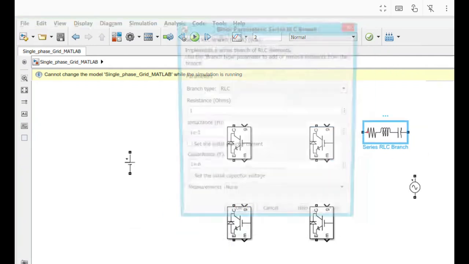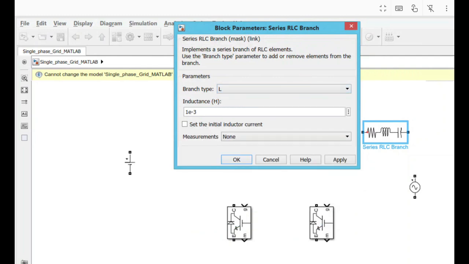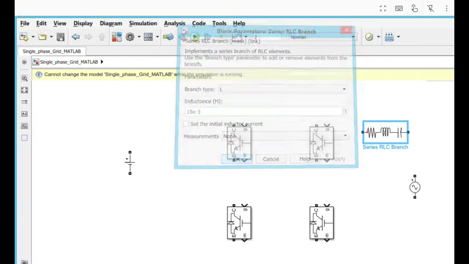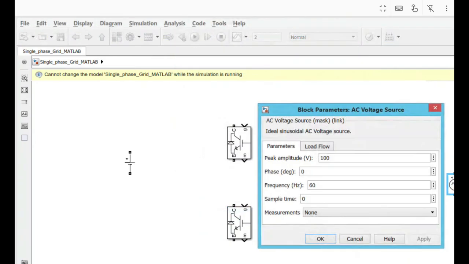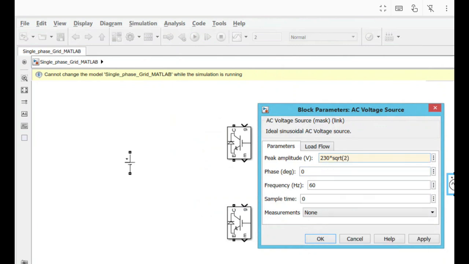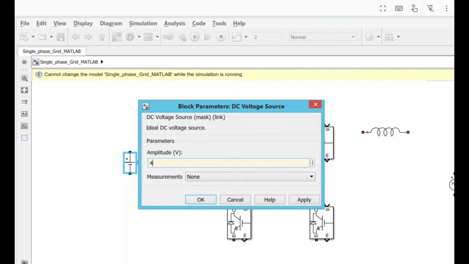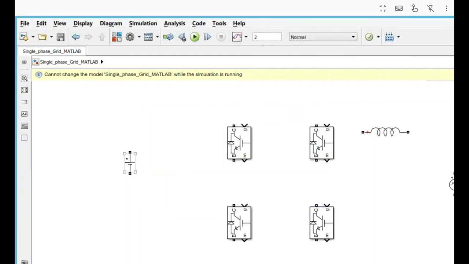The series RLC branch you can configure as R, L and C. I want the L, and the inductor value I am keeping as 15 millihenry. And the AC voltage source I am keeping as 230 times square root of 2, and the frequency I am keeping as 50. Similarly, the DC value of the DC voltage source I am keeping as 400 volts.